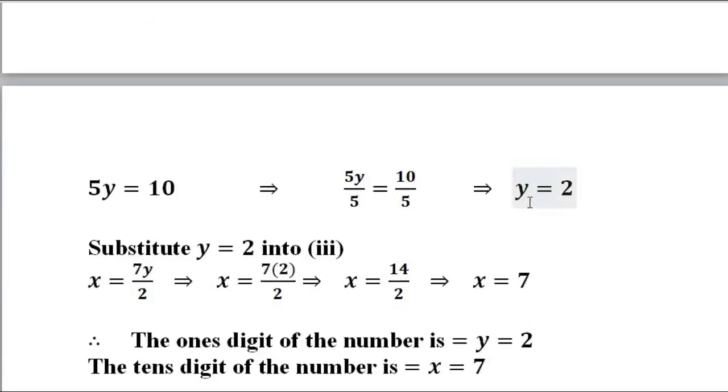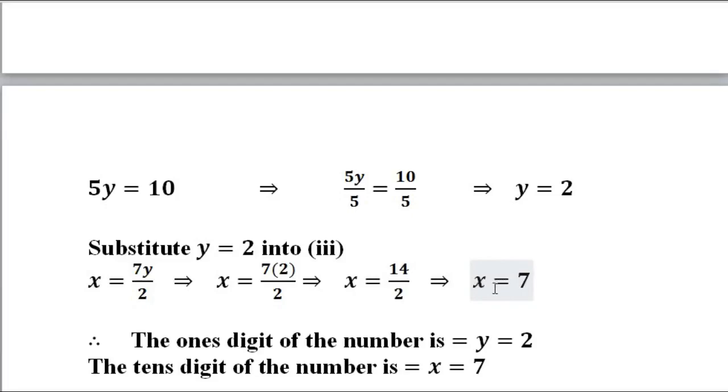To find the value of x, I'll substitute y equals 2 into equation 3. Equation 3, x equals 7y upon 2, becomes x equals 7 into 2, which is the value of y, upon 2. Now 7 times 2 is 14 upon 2. 14 is divisible by 2, which means 2 times 7 is 14.